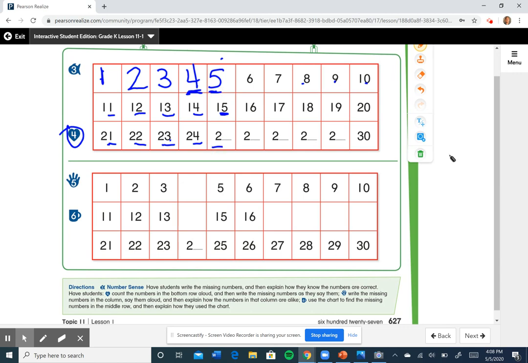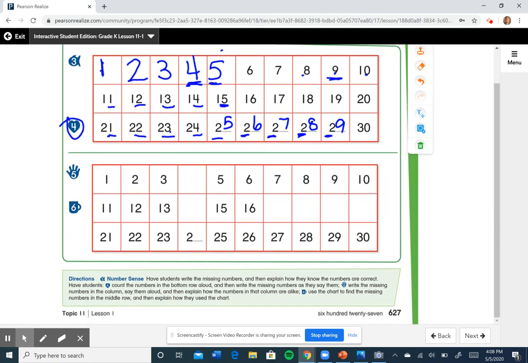So 25. And then what comes after 5? 26, and then 27, and then 28, and then 29. Perfect.